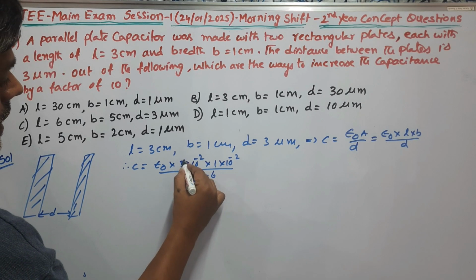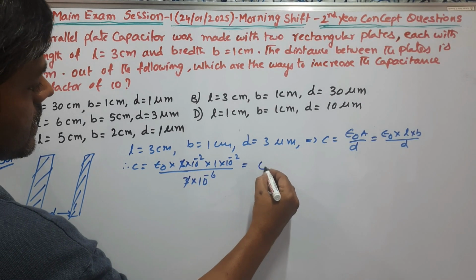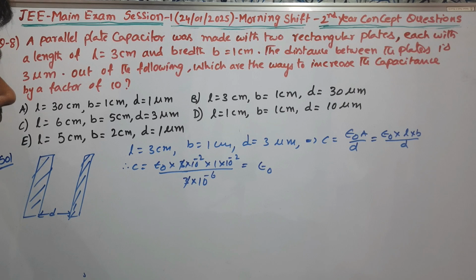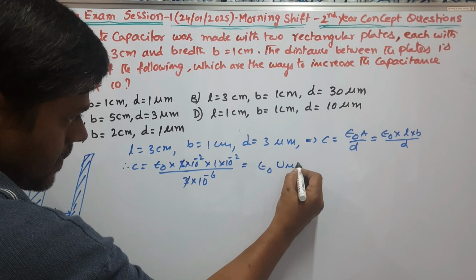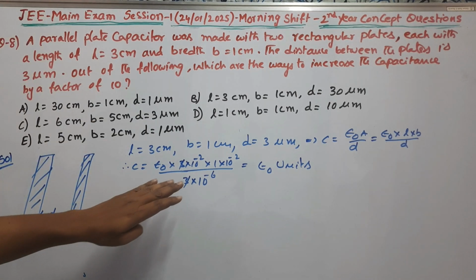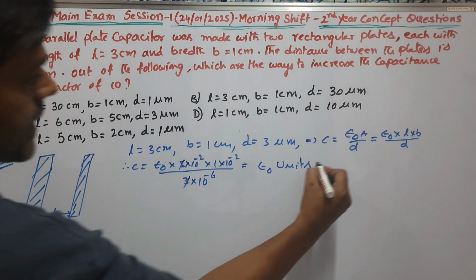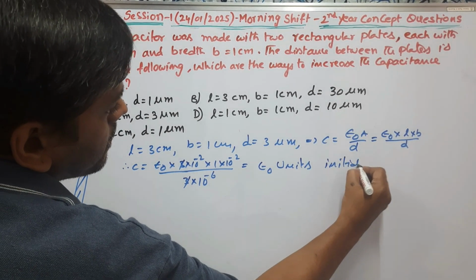So this 3 is cancelled, then you get epsilon naught. This is the initial capacitance.